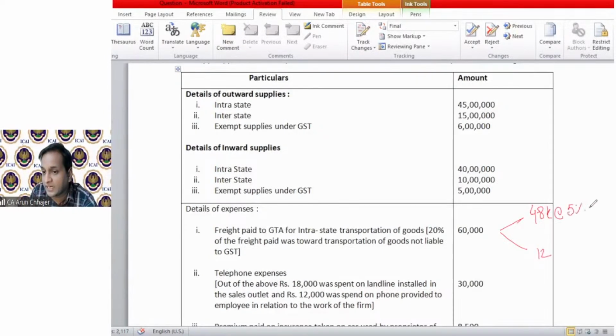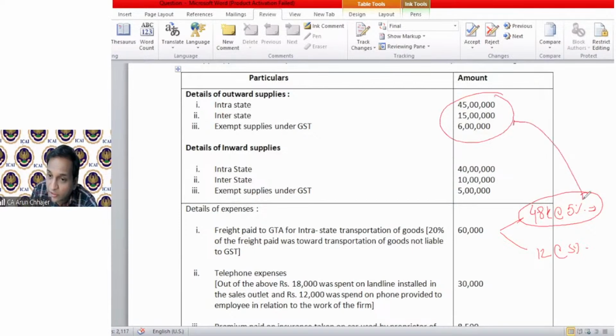On 48,000, the GST RCM is at the rate of 5%. Please tell me, do I need to apply rule 42 to 43 here? Do I need to reverse my common ITC to the extent of exempt and taxable supplies? Out of the 48,000, do I need to reverse the ITC which is linked to my 6 lakh?